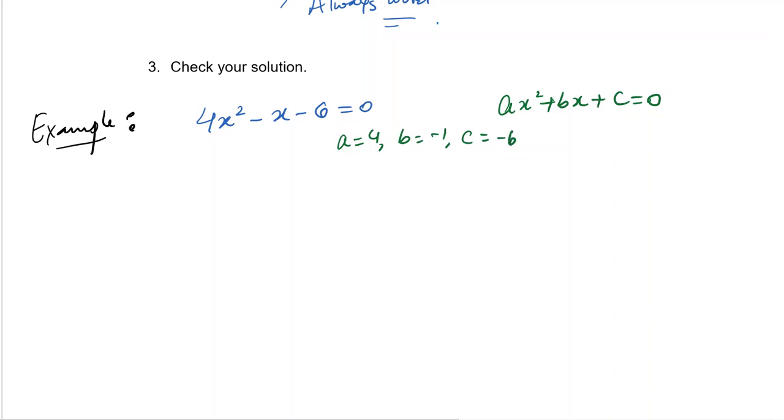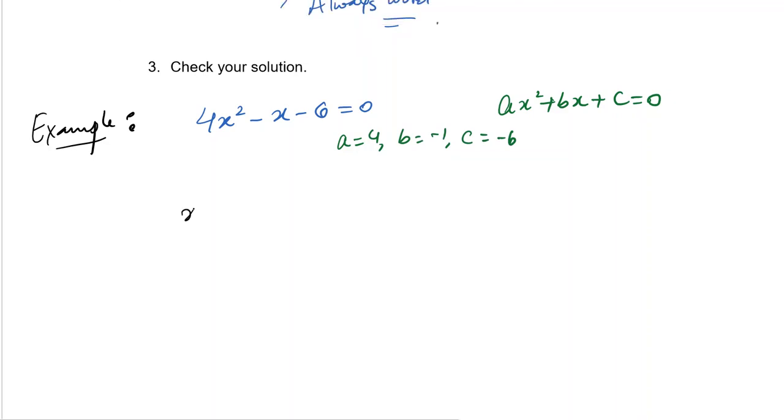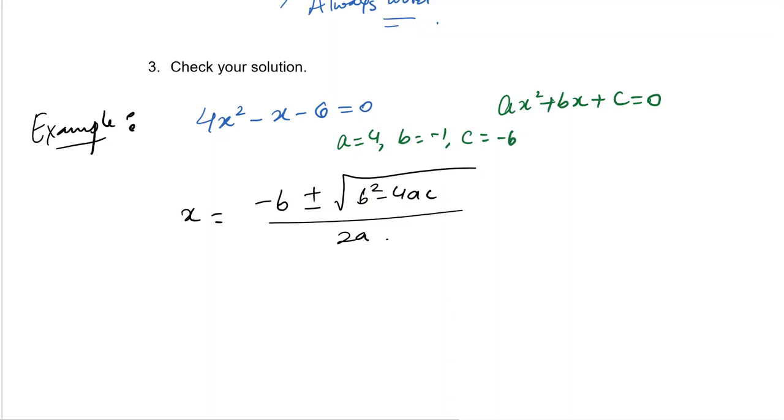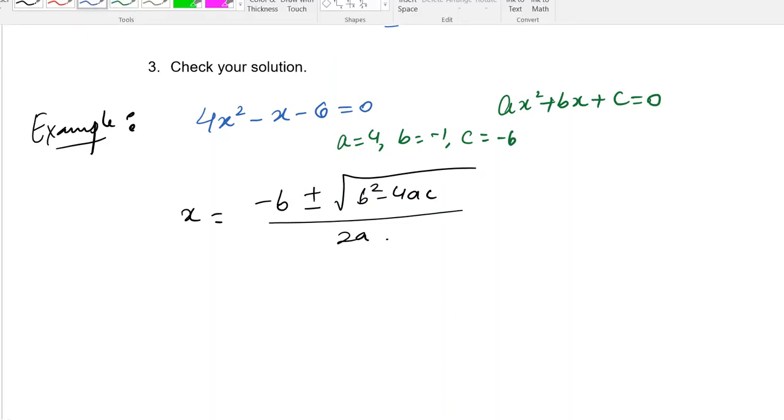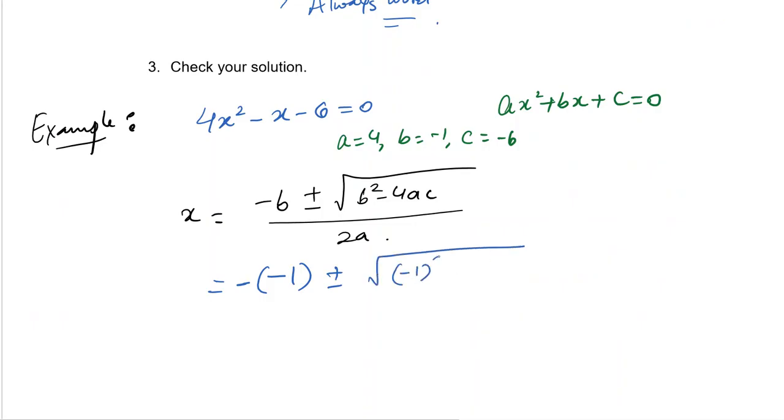Once you have the three coefficients, we use the formula that x is negative b plus minus square root of b squared minus 4ac over 2a. Let's plug in the values: negative b plus minus square root of b squared minus 4ac, the whole thing divided by 2 times the coefficient of x squared, which is 4.